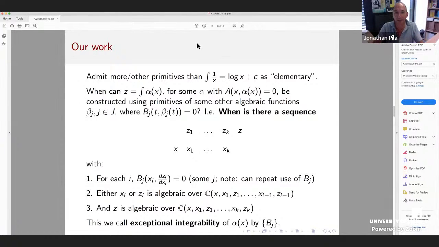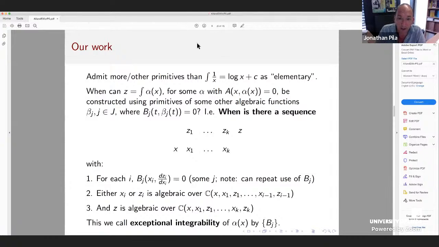So we're again allowing the use of the primitives of the algebraic functions or their inverse functions. And z finally is algebraic over the x and all the x_i's and z_i's.